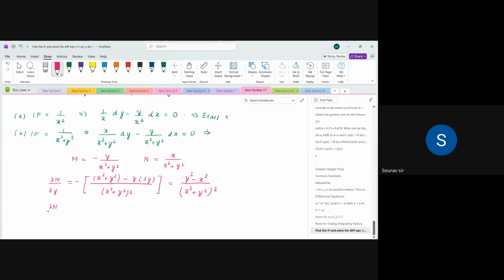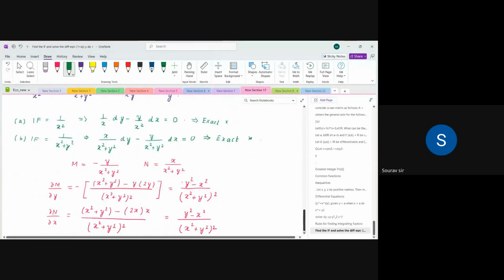What about del N by del x? Second into derivative of the first minus the first into derivative of the second. It's matching, right? So this will be y square minus x square. So this is also exact. So that means this is also not possible. What about this one? 1 by xy.